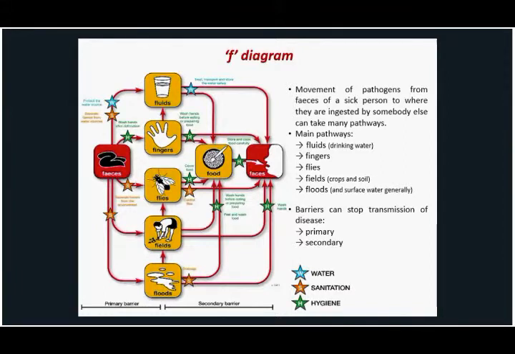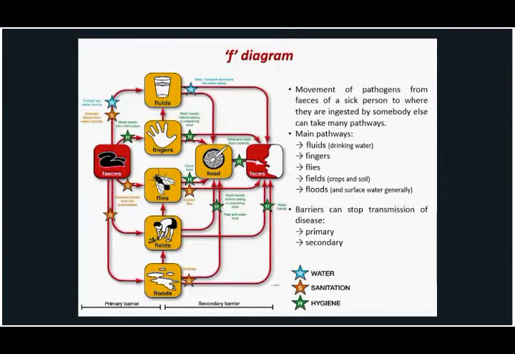And the F diagram also shows how we can stop the transmission of disease. There are primary barriers and secondary barriers. Barriers can stop the transmission of disease. For the primary barriers, we prevent initial contact with feces, and for the secondary barriers, we prevent the feces from being ingested by a new person.